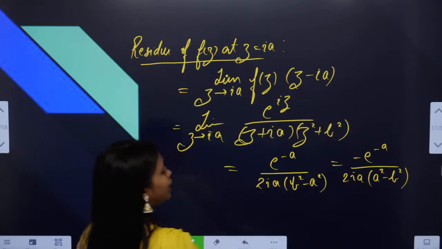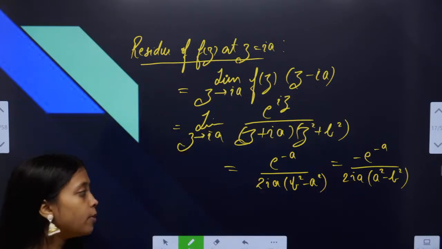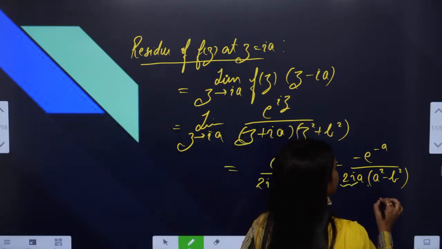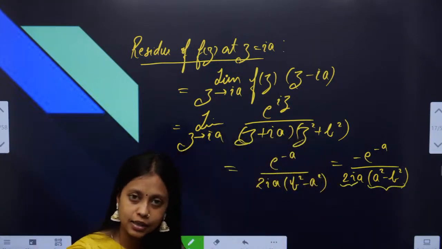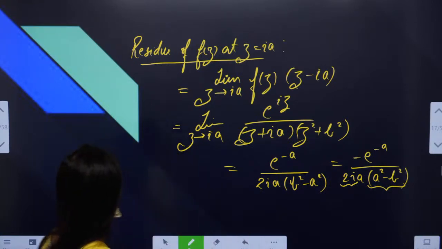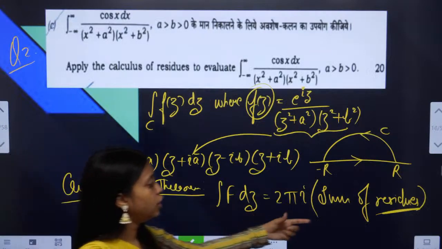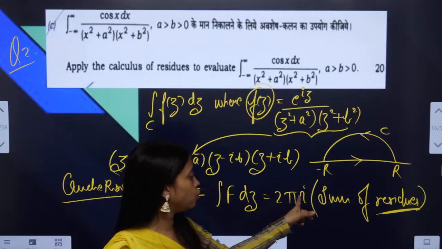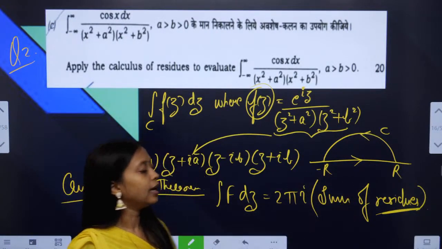You can take common 2 iota (a square minus b square), 2 iota is cancelled, and you can get the answer.